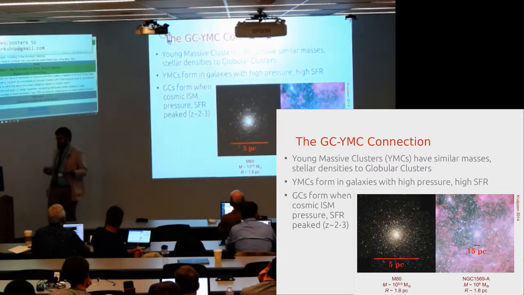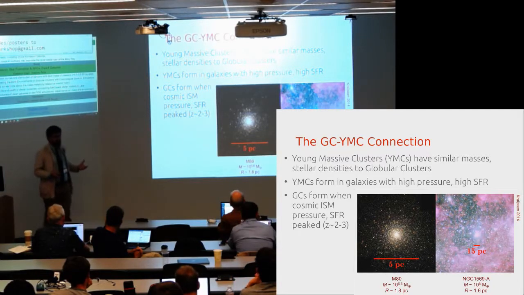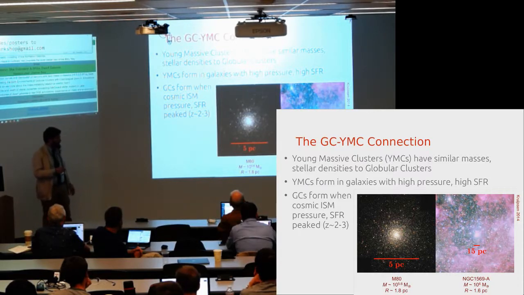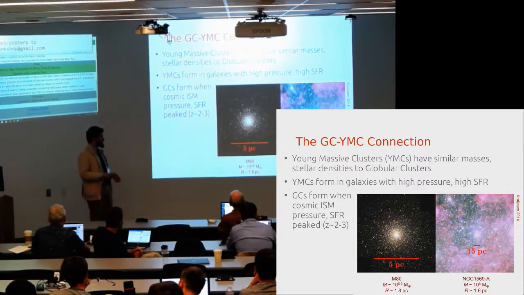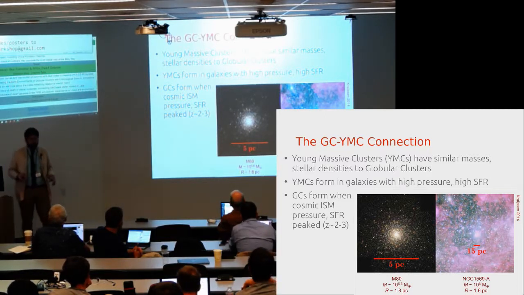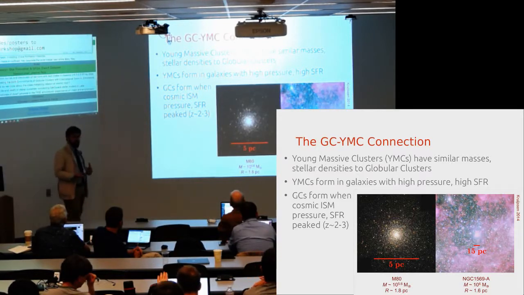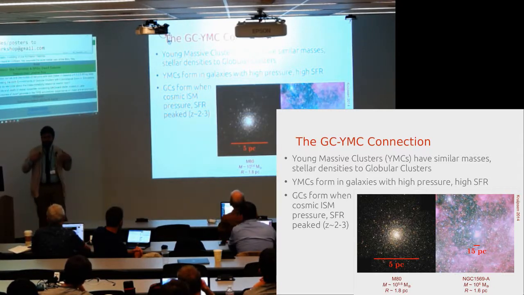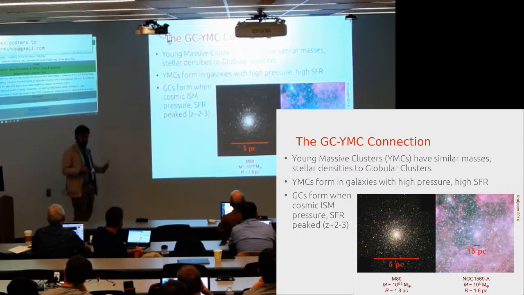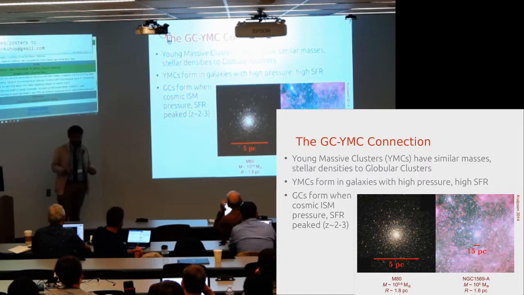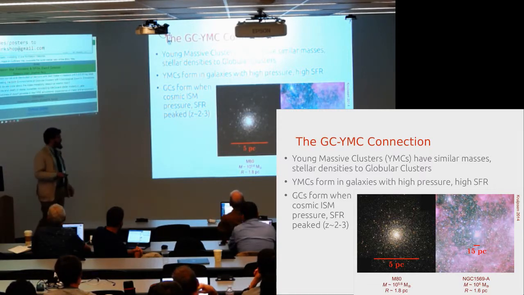There's also a connection between globular clusters and these things we see in the nearby universe called young massive clusters. They tend to have similar size scales, again on the order of a few parsecs, similar mass scales, up to about 1 million solar masses, and we find young massive clusters forming in what tend to be very violent environments: starbursts, mergers, areas where the ISM pressure and the turbulence tend to be very high, which is what we would expect from observations like the ones Reinhardt just presented, as well as countless others, the cosmic noon ISM to look a lot like.